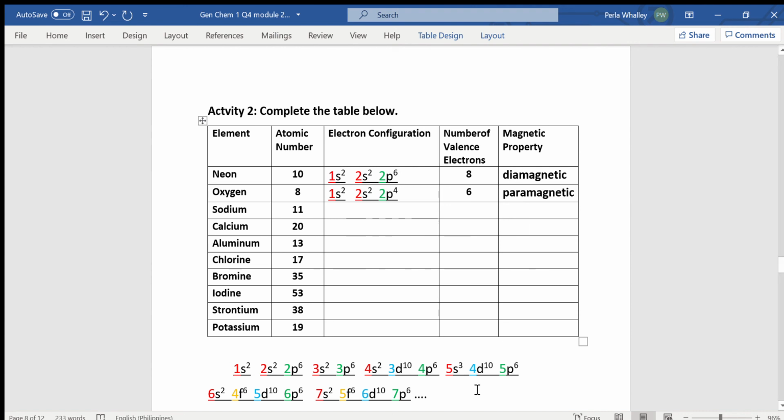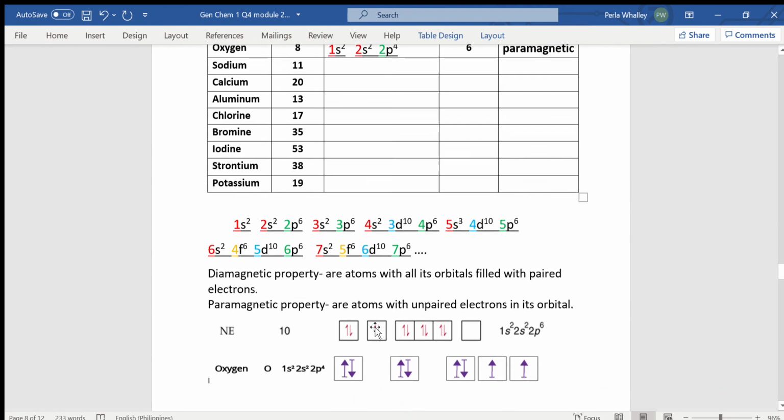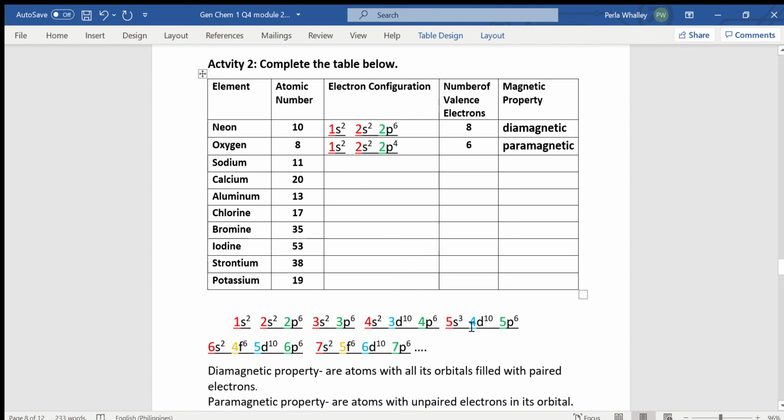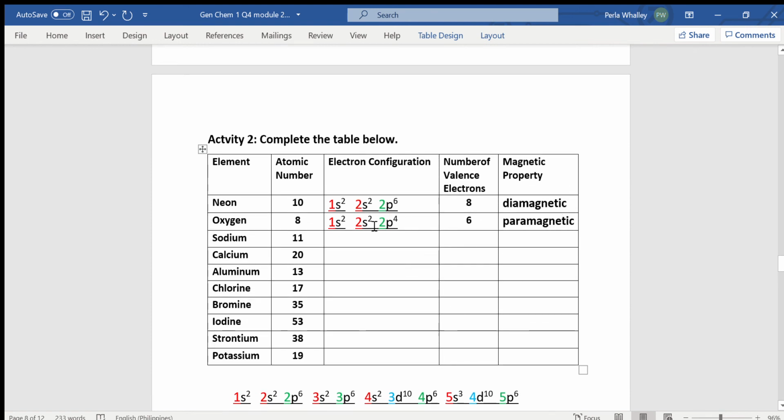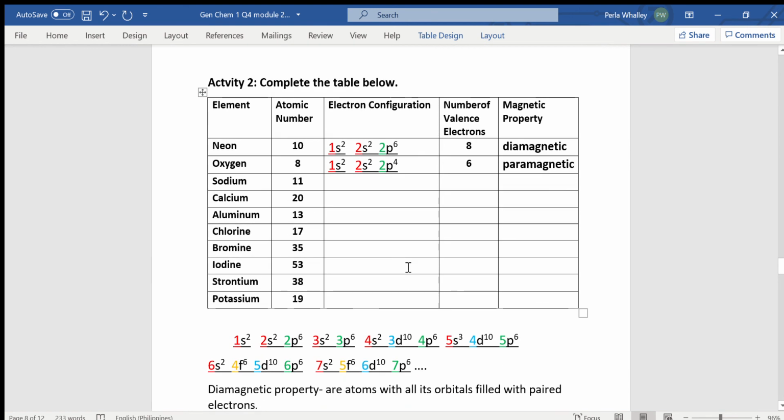Now, do you need to write this so that you can answer this one? There is no need. Just remember that p has 3 orbitals, and the 3 orbitals could have a maximum of 6. There are only 4 here. That means not all of the electrons inside the orbitals are paired.